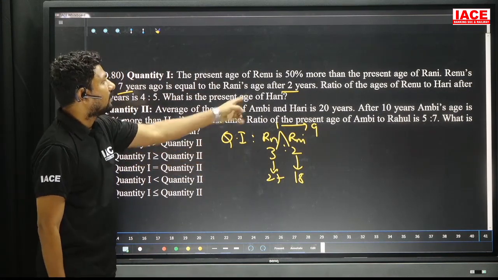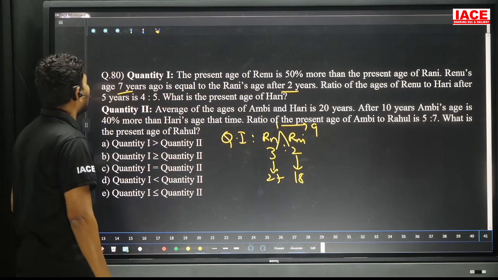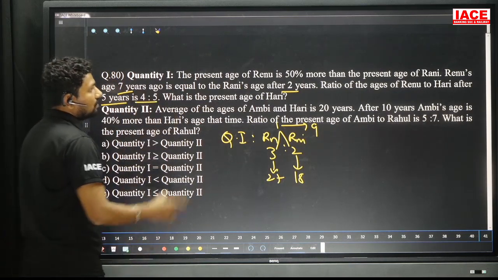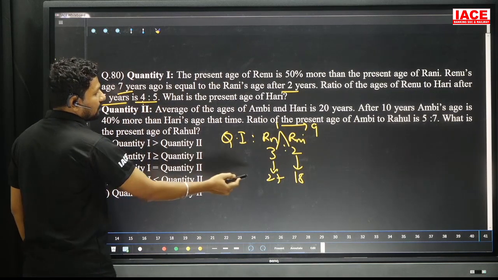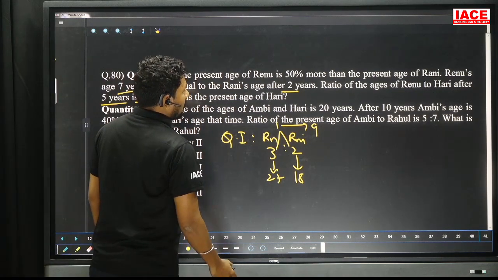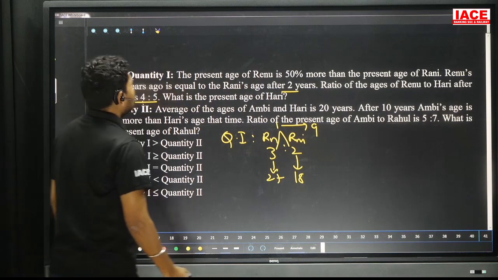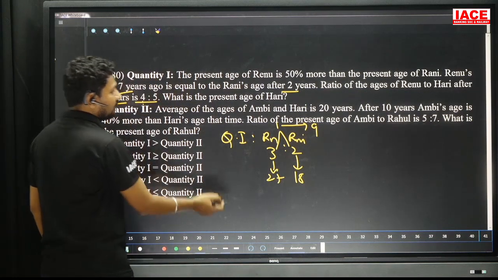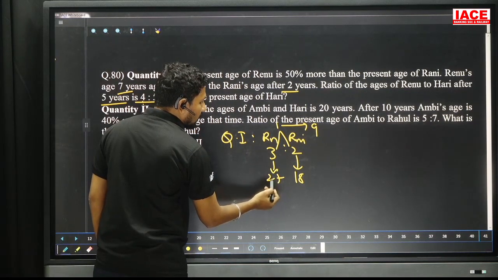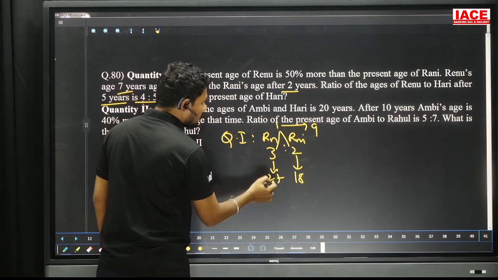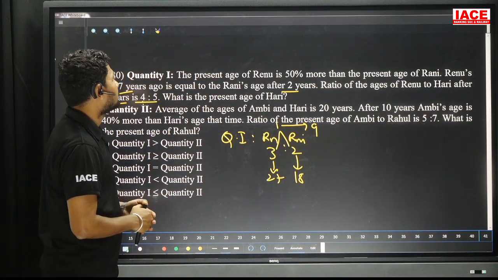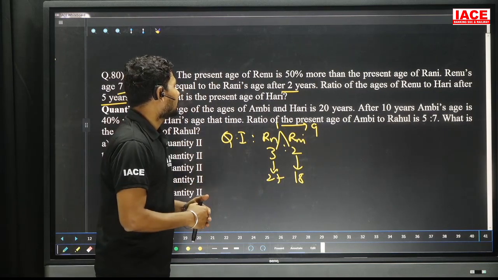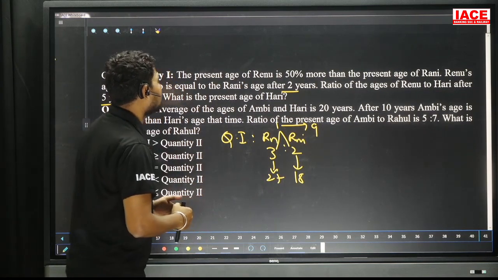Rani's age is, this is the present, right? 27 and 18, clear. Ratio of the ages of Renu to Hari after 5 years is 4:5. So Renu's age is 4 parts. This is after 5 years, so 27 plus 5 is 32.